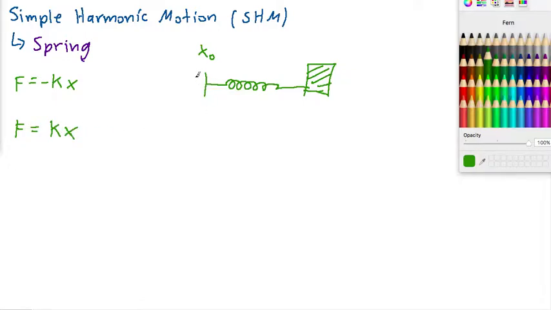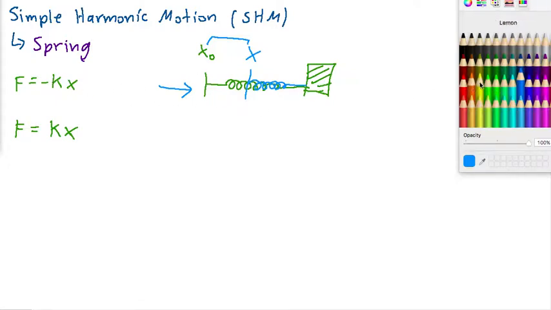When it's negative kx, that is the case where you are pushing into the spring. So you push into the spring and you compress it, and it will end up being here. This is your distance traveled, which would be x, so your new spring would be compressed right here. That's where it's equal to negative kx.